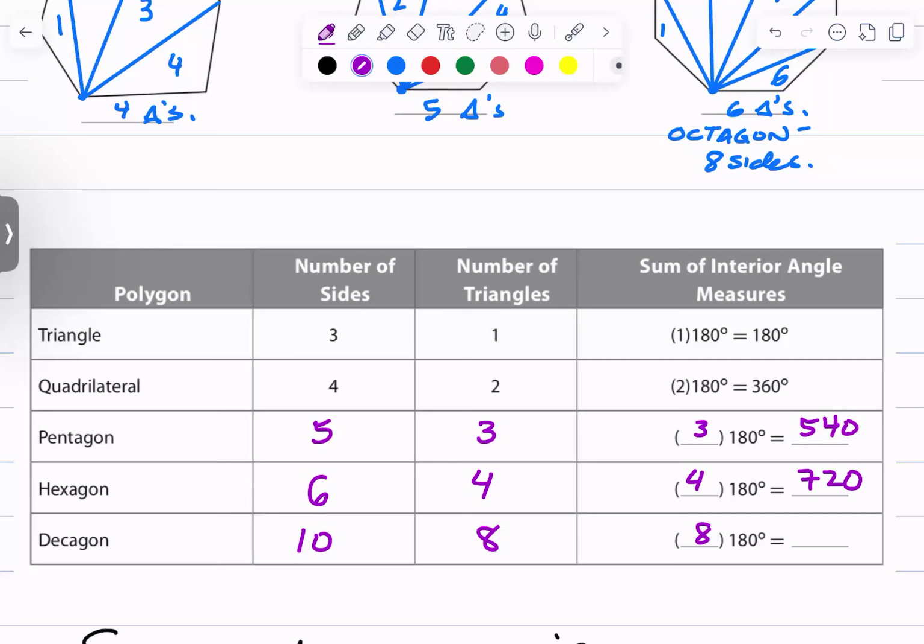So 8 times 180 is 1440. Okay. All right.